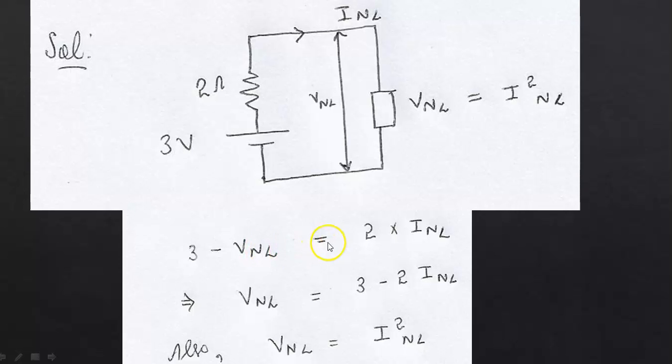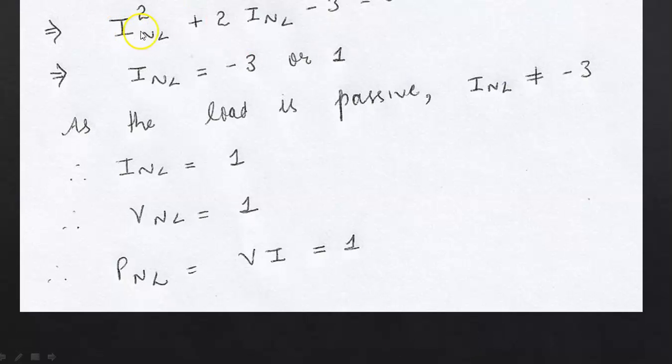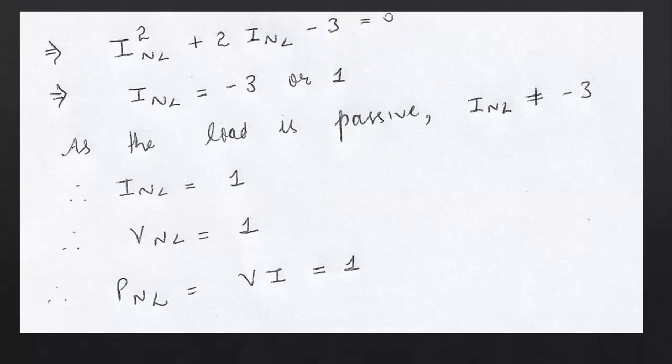So 3 minus VNL is equal to 2, the resistance, multiplied by the current INL. From here we will get VNL is equal to 3 minus 2 INL. Also VNL is equal to I square NL, it is given. Now comparing these two equations for VNL, we will solve and get INL.